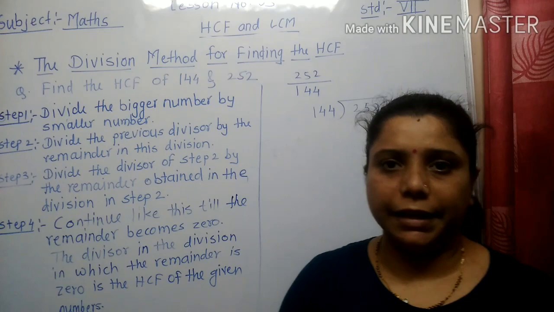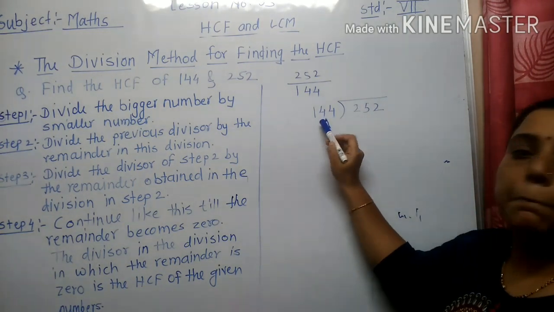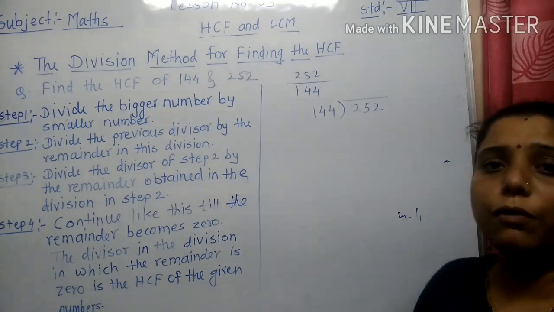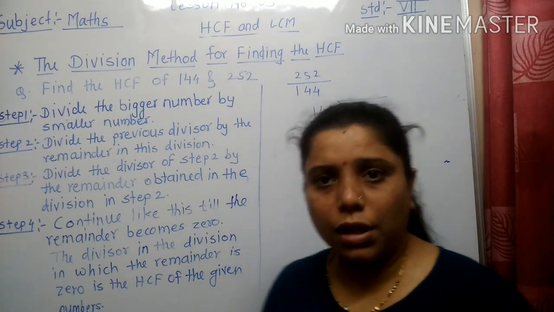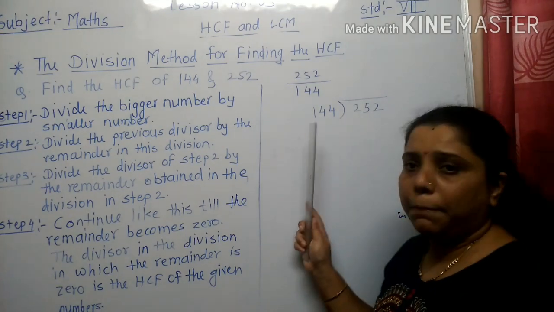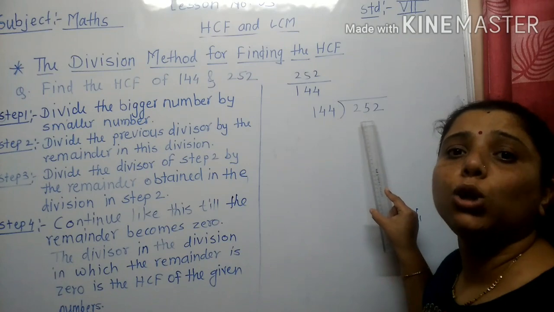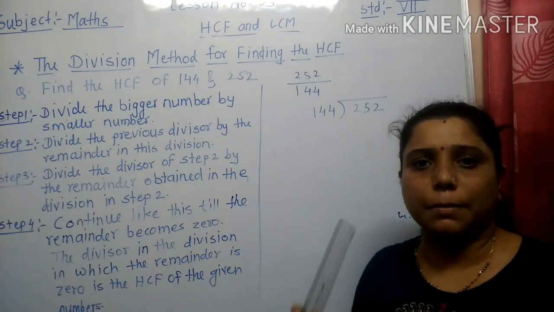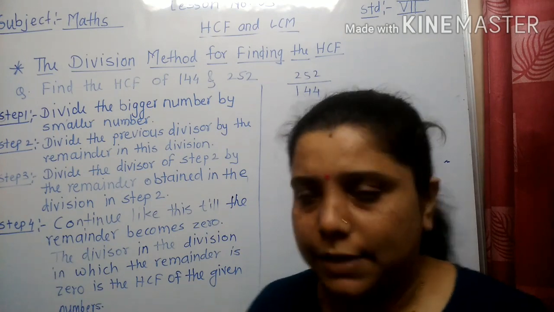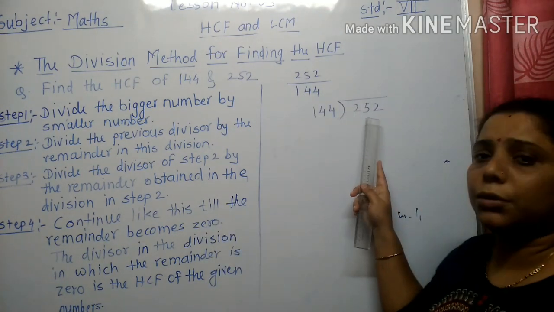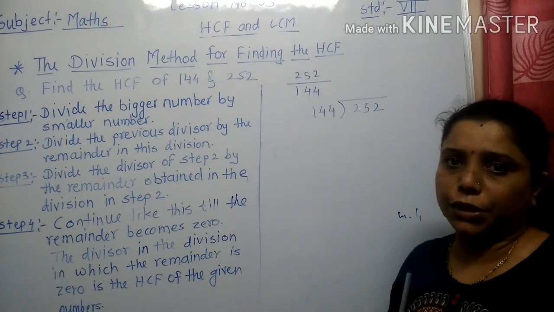Now here we have to divide 252 by 144. How will you divide? You have to multiply by a number in such a way that the product is less than 252, because we cannot subtract a larger number from a smaller number.